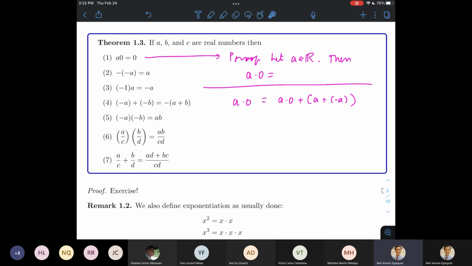Kaya lang feeling ko magkakaproblema pa rin ako dito sa pagfa-factor ng -1 or paggamit ng distributive property kay -1, because we haven't proven yet na kapag meron kang negative A, equal yon kay -1 times A. Yun pa lang yung theorem number 3. Kaya hindi ko pa rin to pwedeng magamit unless Anna you're thinking of another clever way of writing this. Pero I think there would be a little bit of a problem there.